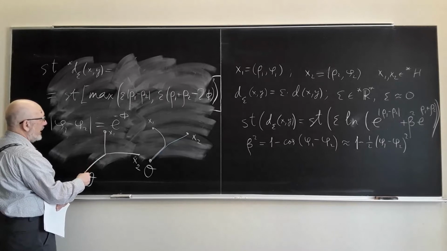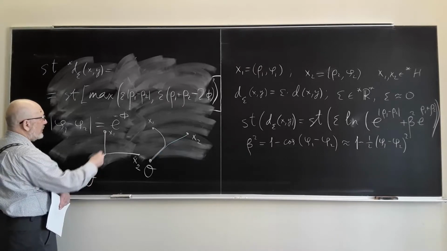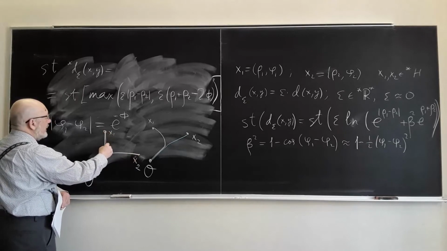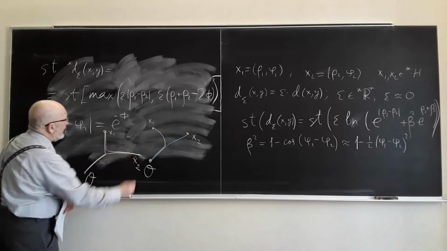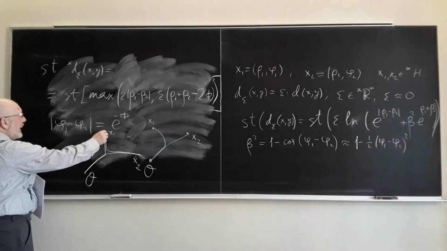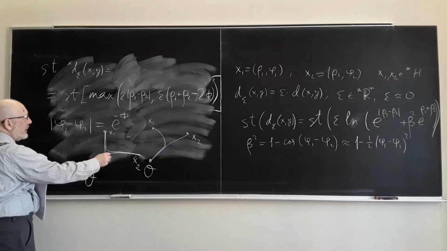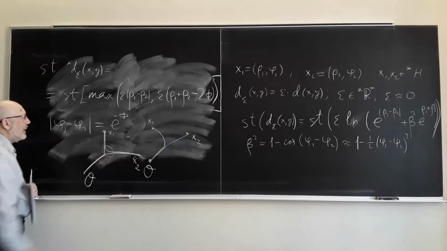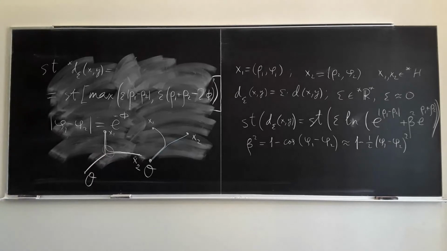And the geodesic which goes from x1 to x2 looks quite similar. It goes like this: part practically along the first geodesic, part along the second geodesic, and here is some relatively small transition domain.